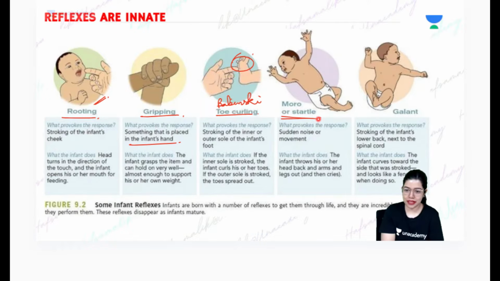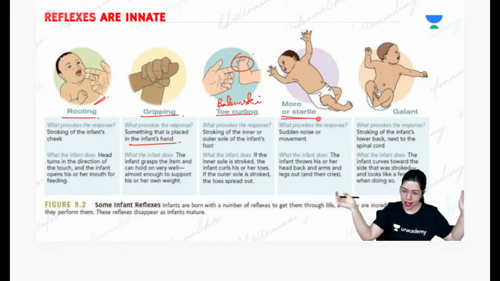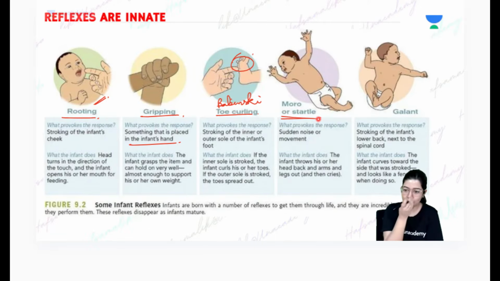Palmar is, I think, the same as gripping. Yes, Palmar reflex. So, in the night, they sometimes fling their arms open and then they hug back. Basically it's like, oh my God, I'm falling, so I should hold on to the tree, or I should hold on to the caregiver.